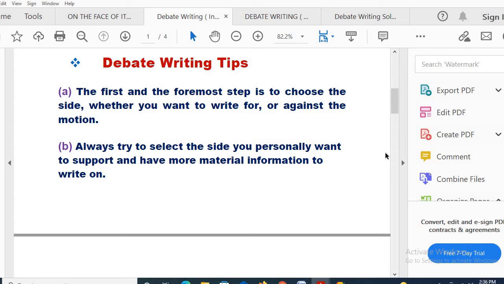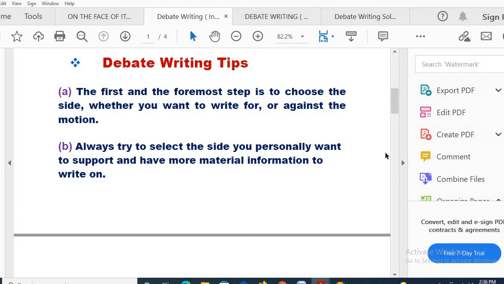You have to have that mental preparation at the back of your mind. Okay, sometimes in the question paper it will be given for the motion, sometimes it might be given against the motion. Now if in the question paper it is not mentioned, then it is up to you whether you want to write for the motion or against the motion.